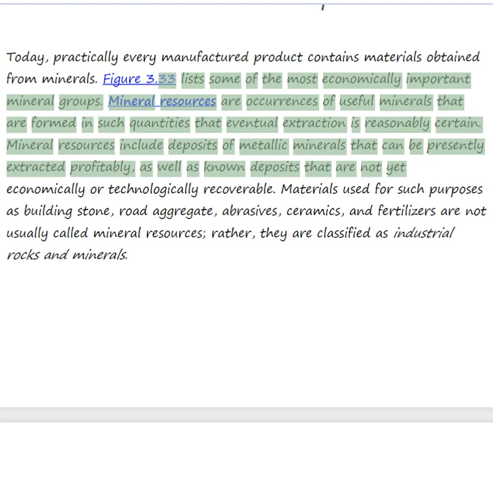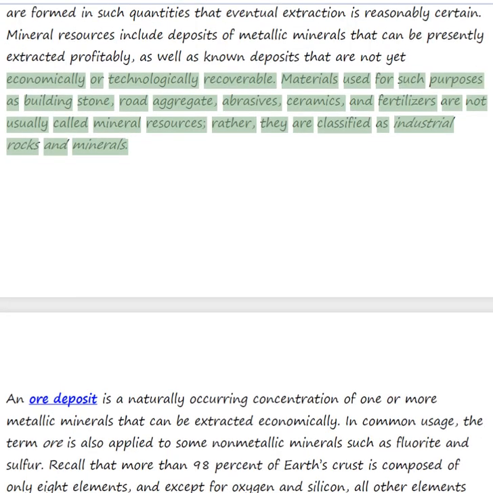Mineral resources include deposits of metallic minerals that can be presently extracted profitably, as well as known deposits that are not yet economically or technologically recoverable. Materials used for such purposes as building stone, road aggregate, abrasives, ceramics, and fertilizers are not usually called mineral resources; rather, they are classified as industrial rocks and minerals.